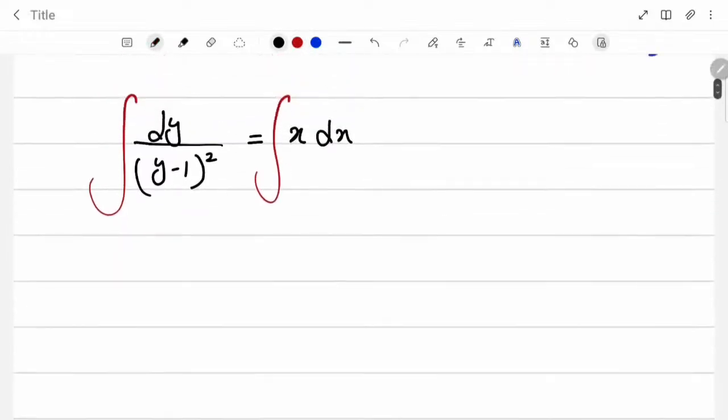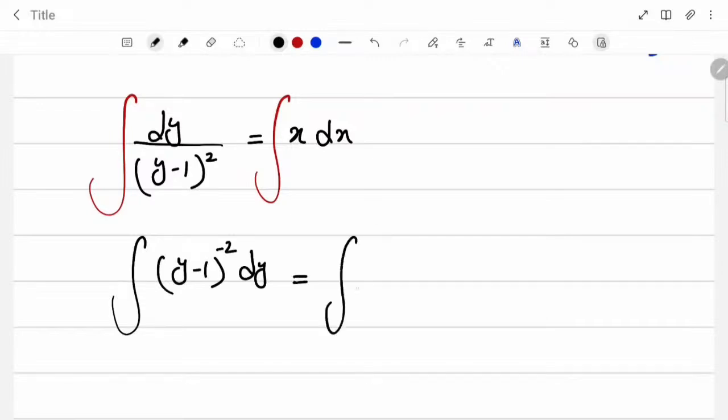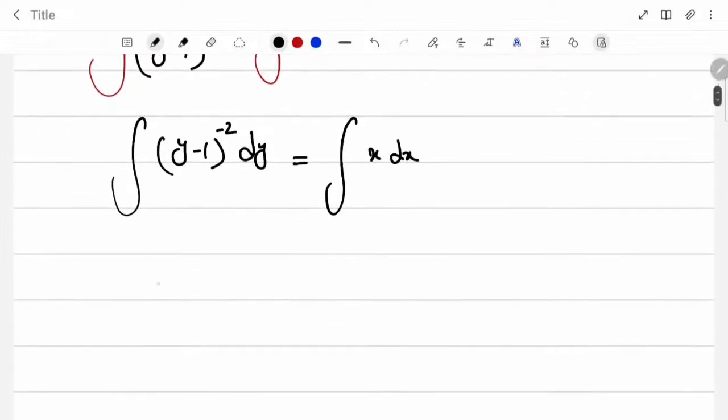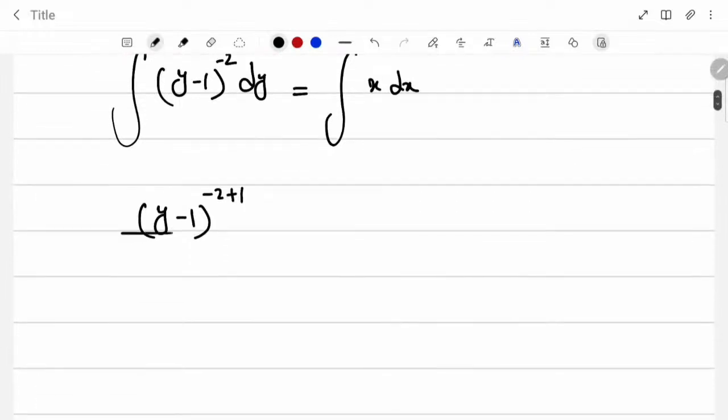Okay, so can I easily do it in the denominator? No, I want to make it a negative power. So now this turns out to be (y minus 1) to the power of minus 2 plus 1, and then again minus 2 plus 1, and there we have x squared by 2.